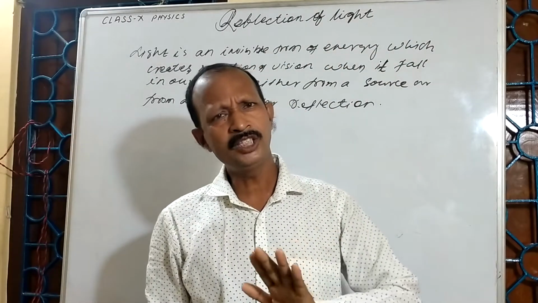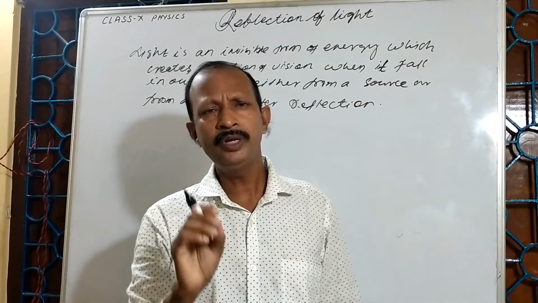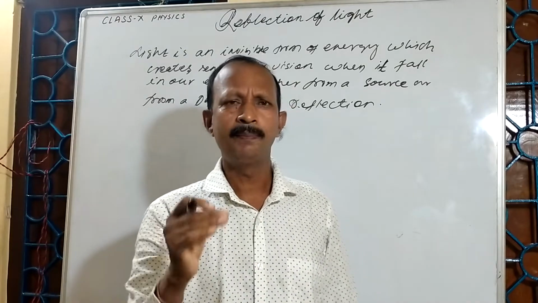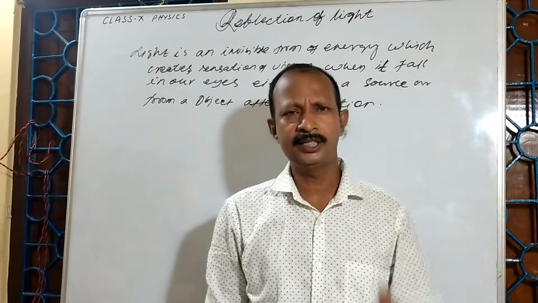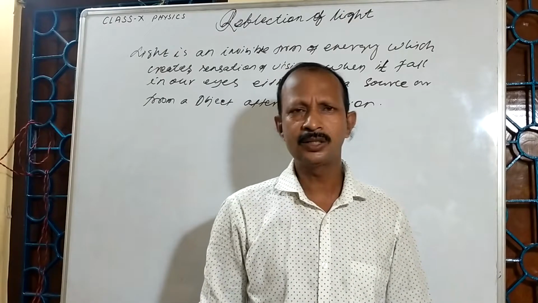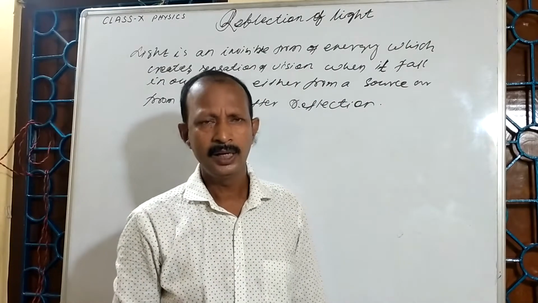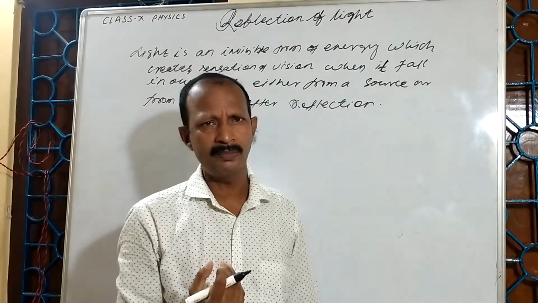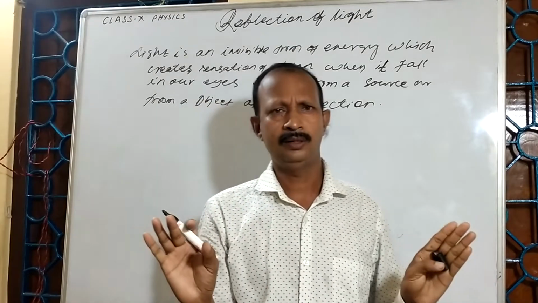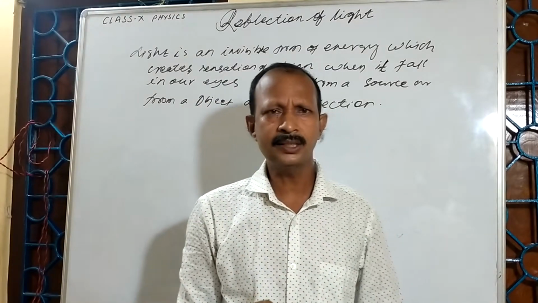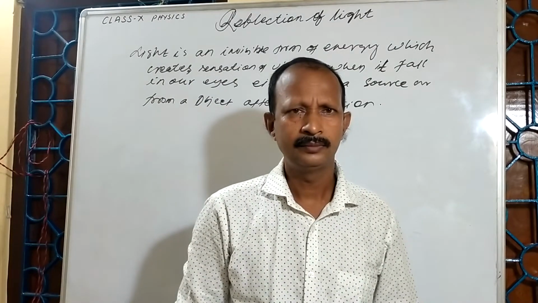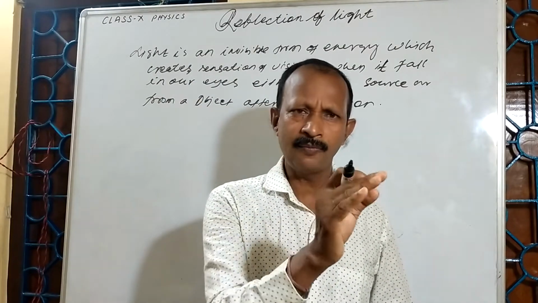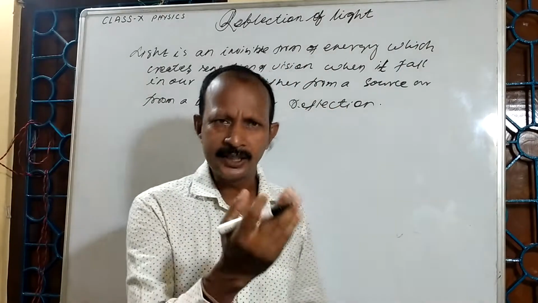That means I want to say that light is an invisible form of energy. We can't see the light, but by the light we can see others. For example, the sun. The sun is a source of light, so light is directly coming from the sun. We can see the sun. I can see an object because light, after falling on the object, is reflecting.